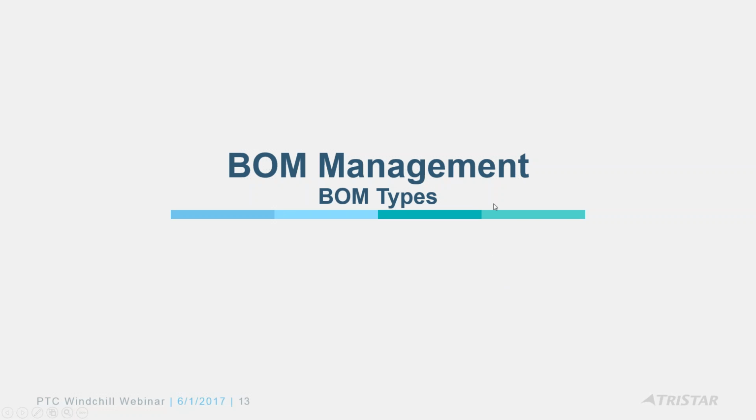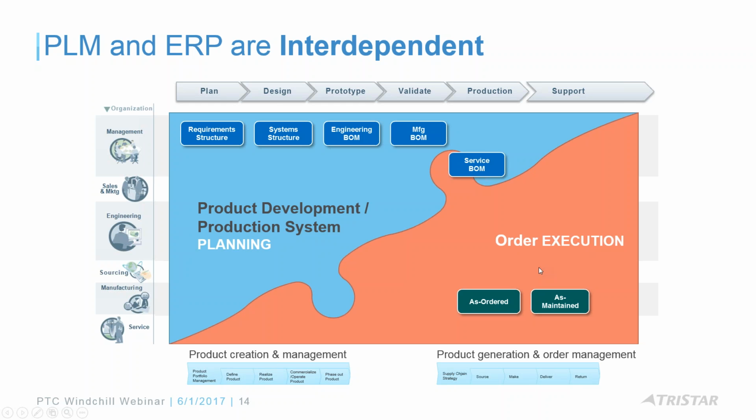Let's take a look at some of the BOM management functionality in Windchill in terms of the BOM types. Typically, different BOMs will exist within the company. For example, on the planning side, this is typically the PLM system or product development system like Windchill, where through the planning phase, I'll typically have a rough engineering BOM and then a more complete engineering BOM.